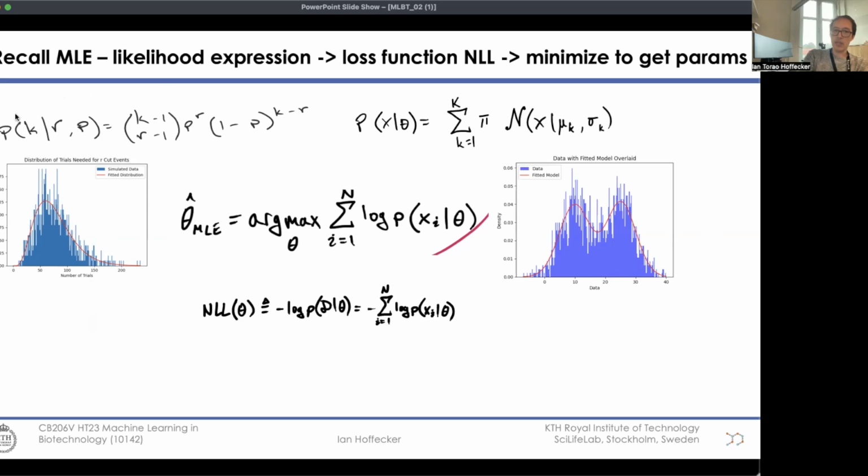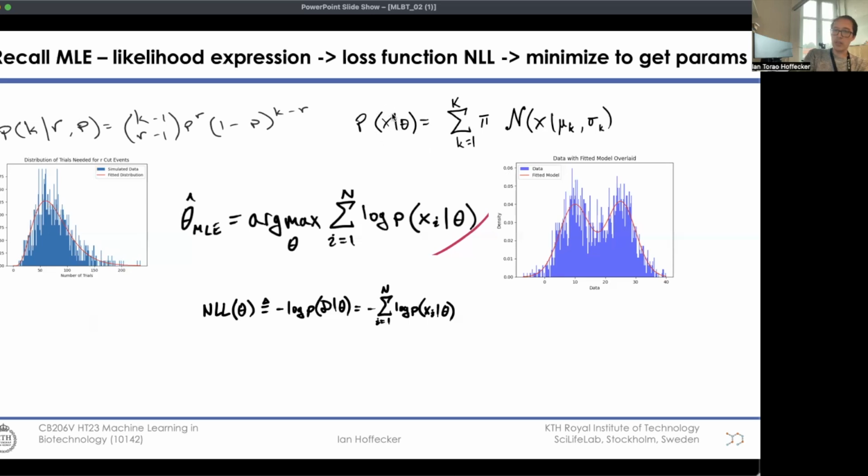So that was the case for this Pascal distribution function, where we were interested in the probability of observing a certain number of trials given parameters R and P. And by fiddling around with R and P, we would maximize this P here, this likelihood, and that would correspond to the best fit.